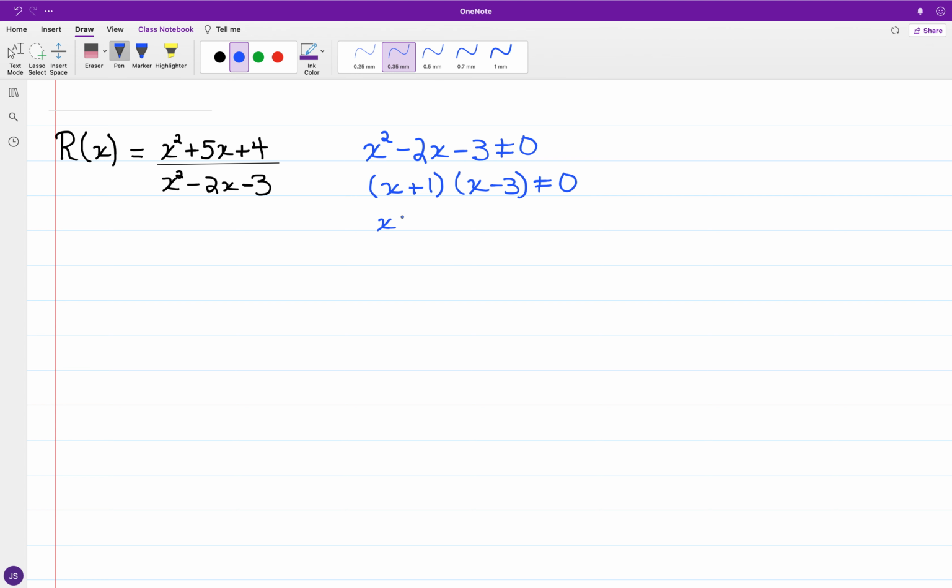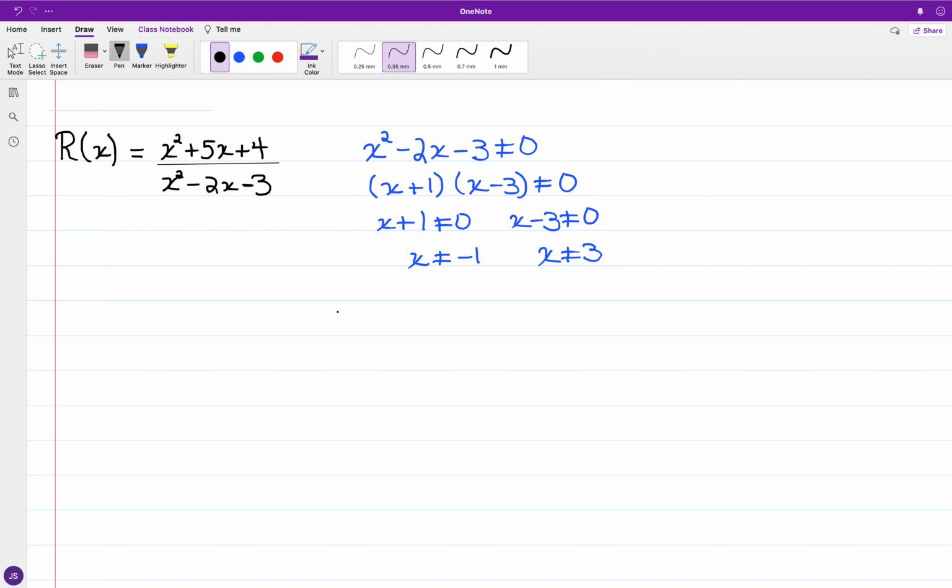Neither x plus 1 nor x minus 3 can be equal to 0. If x plus 1 cannot be 0, then x cannot be equal to negative 1. As for x minus 3, if that cannot be 0, then x cannot be equal to 3.